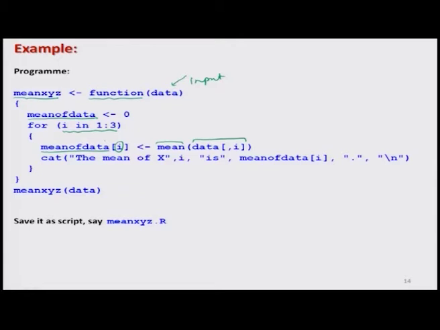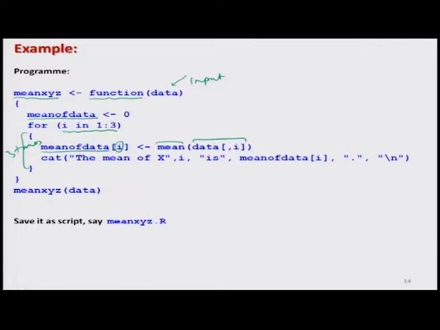After that this program will run for I from 1 to 3. So, the program is going to run 3 times, and then there are going to be 3 outcomes, mean of data 1, mean of data 2 and mean of data 3.